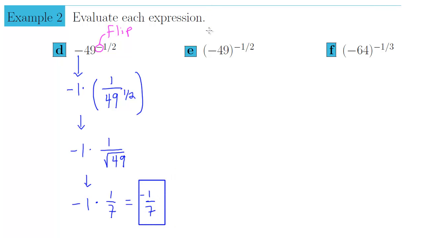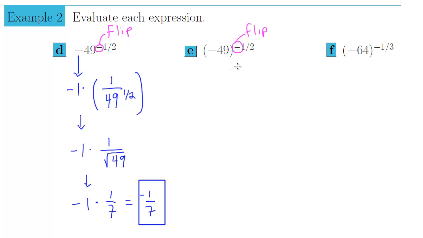Now part E looks slightly different than part D, but it's actually very different. Okay, so pay attention to these parentheses. Because the -49 is in parentheses, when you flip, because of the negative exponent, you're going to put the entire number -49 in the denominator, but also you're going to take the entire number -49 to the 1/2 power.